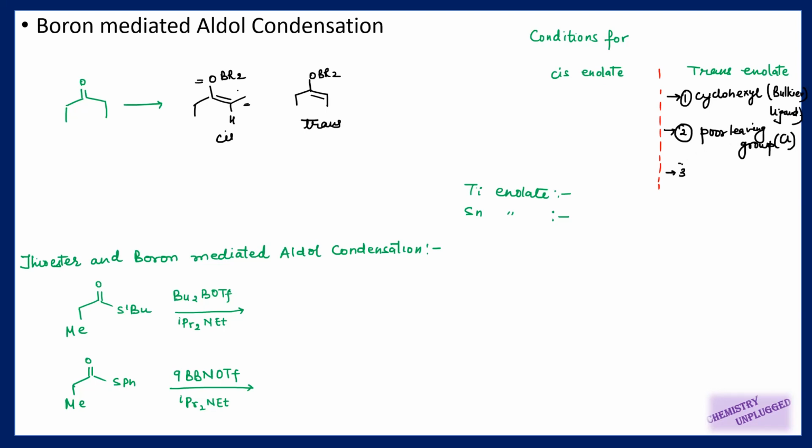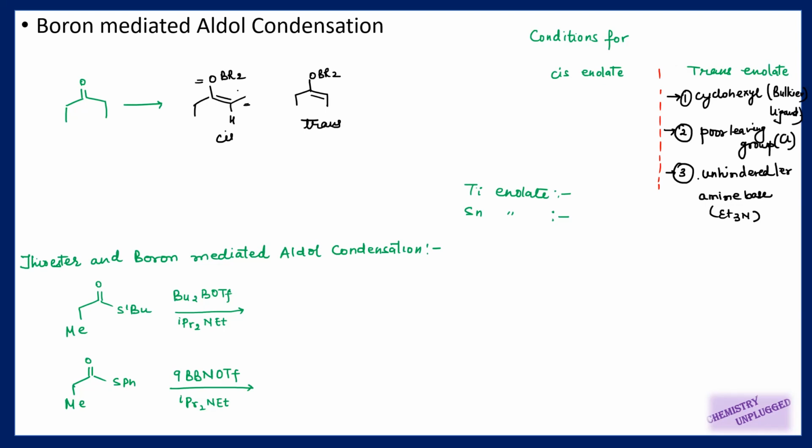And third condition is when we are using an unhindered tertiary amine, because for this reaction, when we are using boron, when we want to generate boron enolates, we need some boron reagents like this one, right? As well as we need a base. We generally use tertiary amine base when we are using boron reagents, and when we have unhindered tertiary amine base like triethylamine, then we will preferentially get trans enolate.